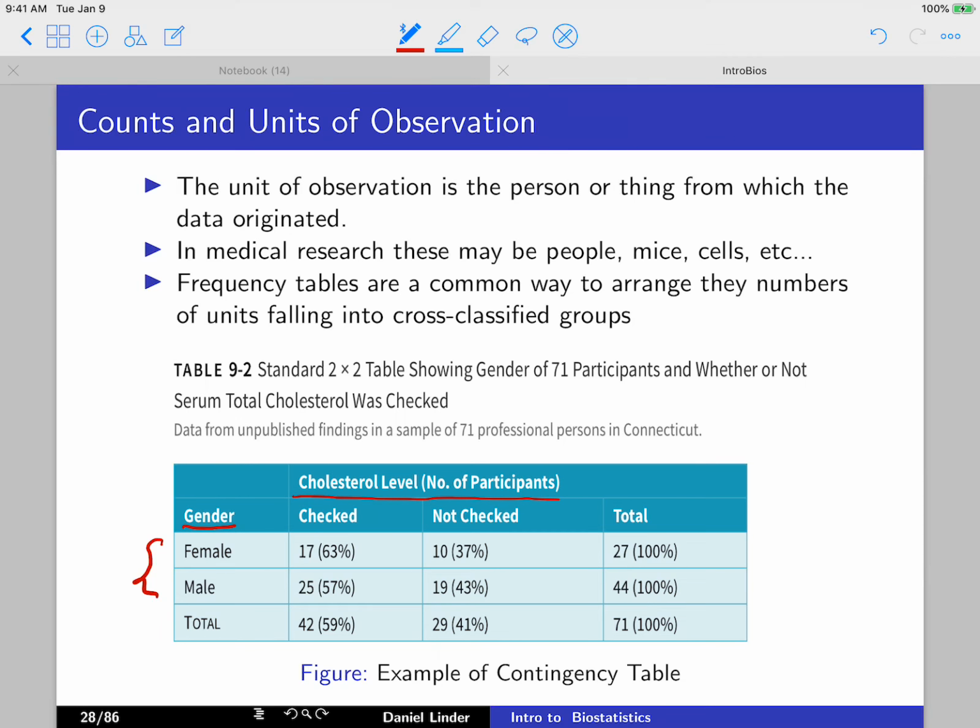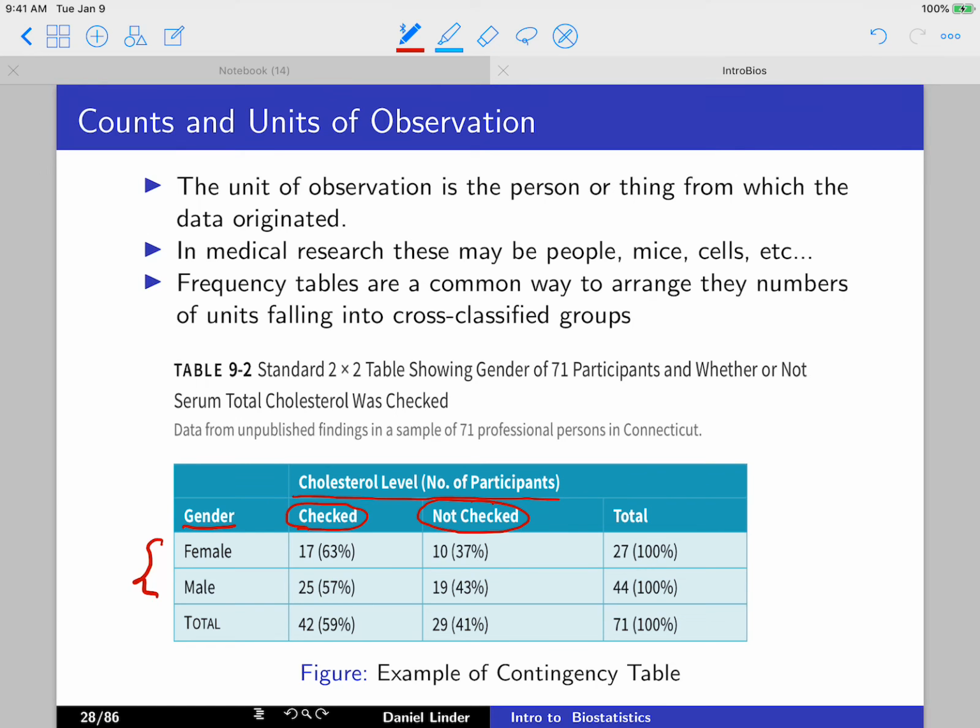And these can be yes or no, so indicating whether or not it was checked or whether or not it was not checked. Okay, and what you see inside the contingency table in these cells are the numbers of individuals in the study that fall into each of these cross classifications.